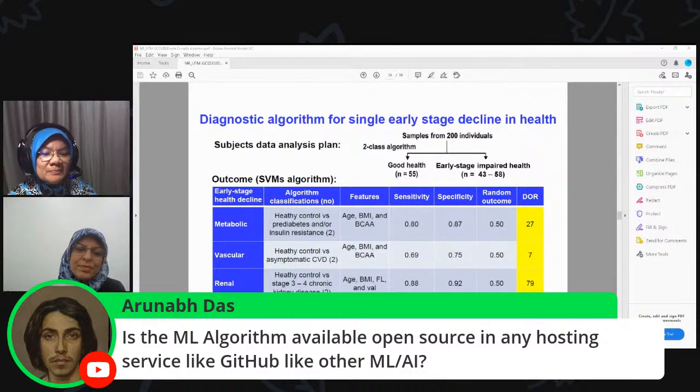The question is, can we use the diagnosis algorithm based on machine learning in an open source environment, or is it licensed software? They said GitHub, like ML and AI. AI is artificial intelligence.